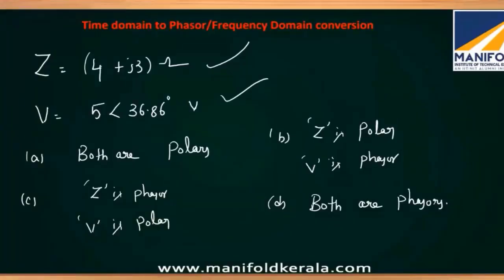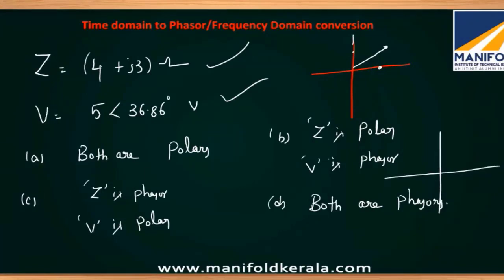Why? Because when you represent Z, it is simply a number 4 plus j3. Real part is 4, imaginary part is 3. So this is the representation of Z. Whereas our phasor diagram looks the same, but it is not a fixed quantity, it is continuously rotating at omega radians.